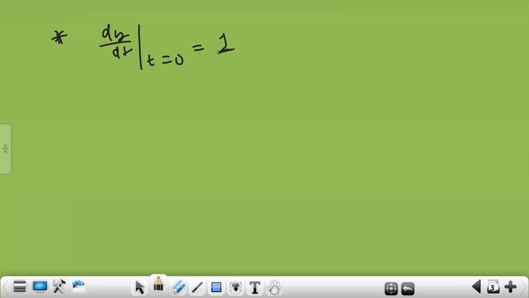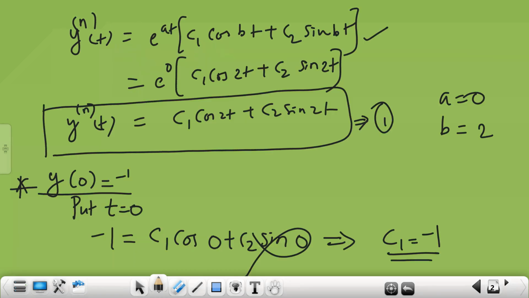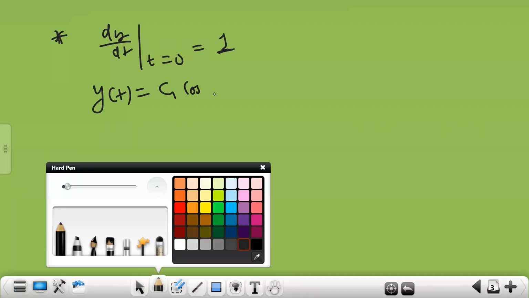Already we have y with us. That will be equation number 1. Now you differentiate that. Already we have y of t, that is C1 cos 2t plus C2 sin 2t.